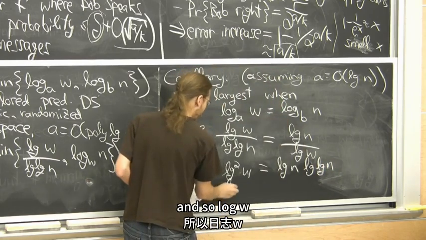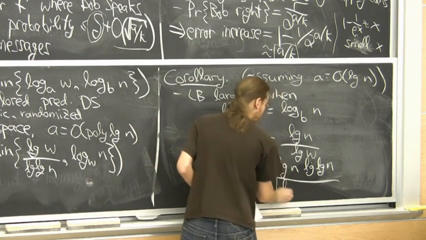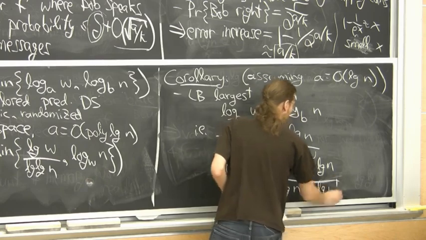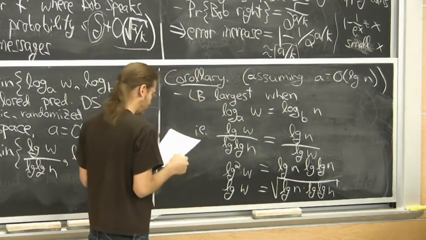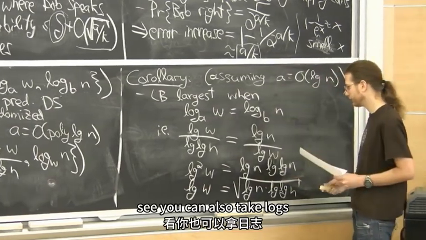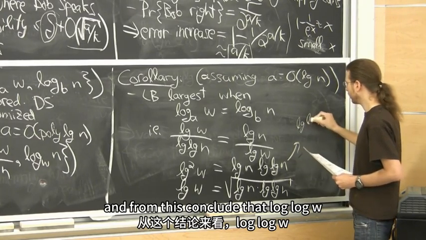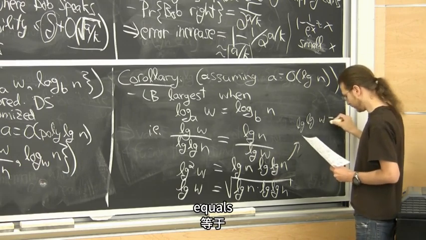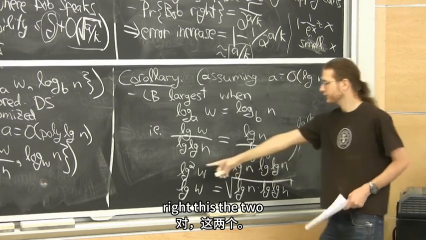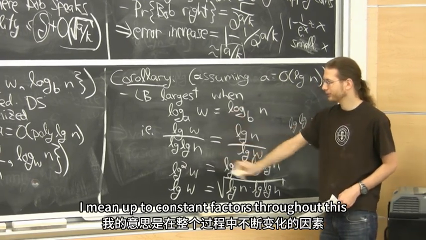And so log W is equal to square root log n log n. And let's see, you can also take logs, and from this conclude that log W equals log n. Right? I'm throwing away constant factors, and when I say equal here, I mean up to constant factors throughout this half board.